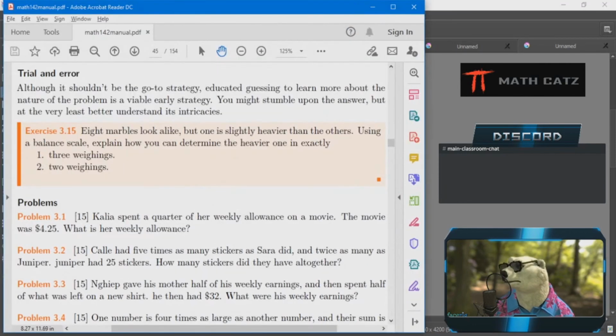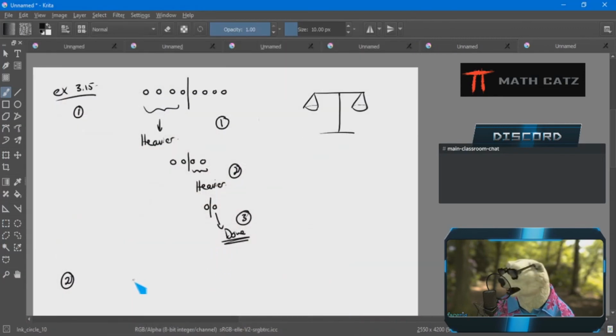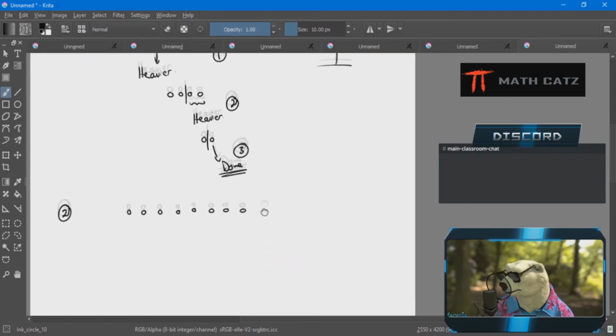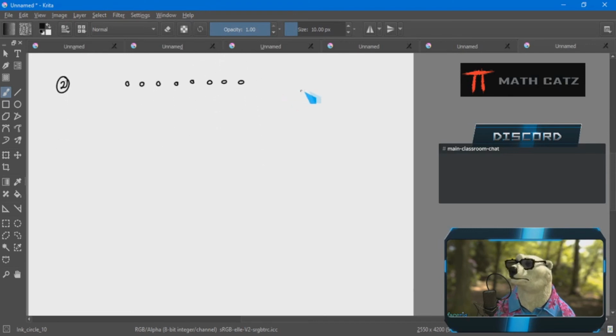However, next up they ask, can it be done in just 2 uses of the scale? So let me draw my marbles here. 1, 2, 3, 4, 5, 6, 7, 8. They're identical. Can I do it by using the scale only twice? That is the question.